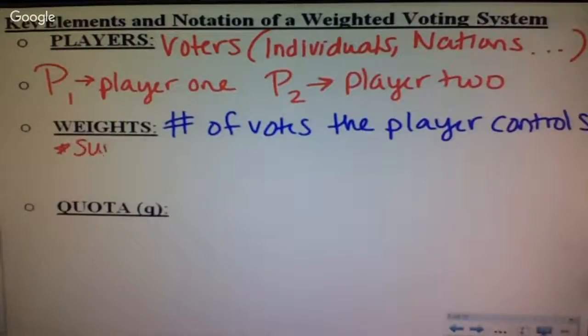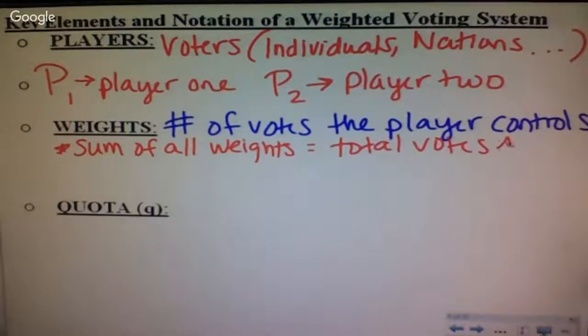The sum of all the weights should equal the total number of votes.